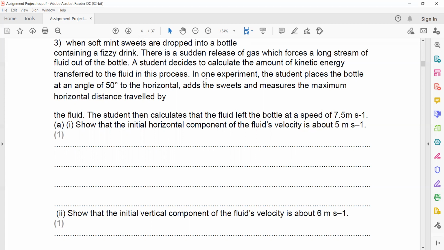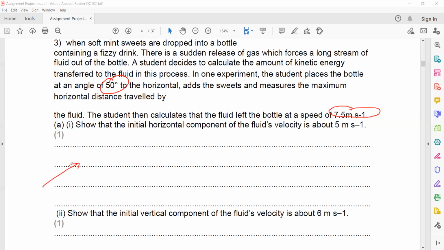In one experiment, a student placed the bottle at an angle of 50 degrees, added the sweets, and measured the maximum horizontal distance traveled by the fluid. The student then calculated that the fluid left the bottle at a speed of 7.5 meters per second. Show that the initial horizontal component.